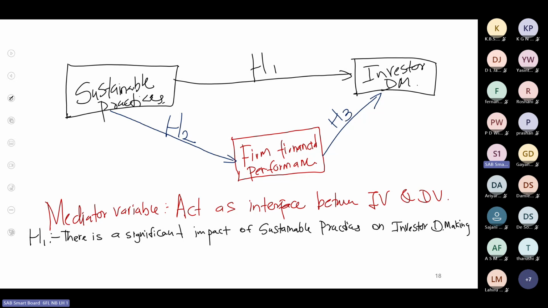H2, same one, no need to actually write: there is a significant impact of sustainable practices on the financial performance.